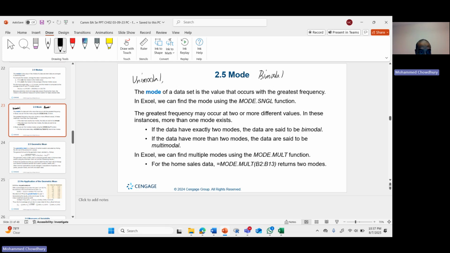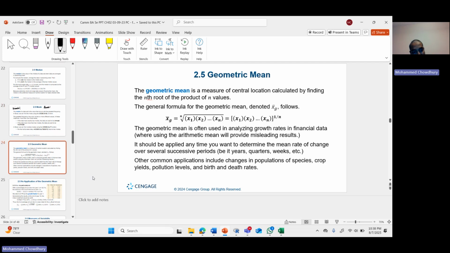Now let me discuss the geometric mean. Geometric mean is the multiplication of the observations: if there are n observations, multiply all n of them and then take the nth root. That is the definition.